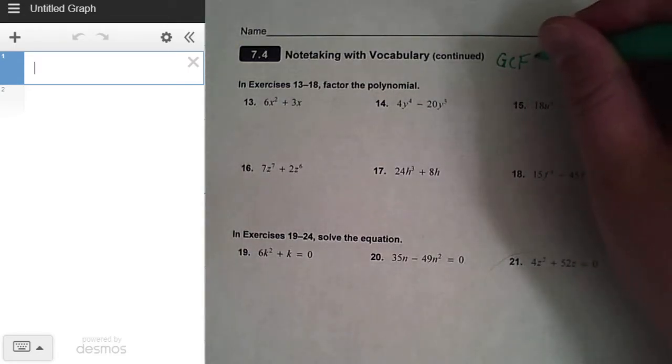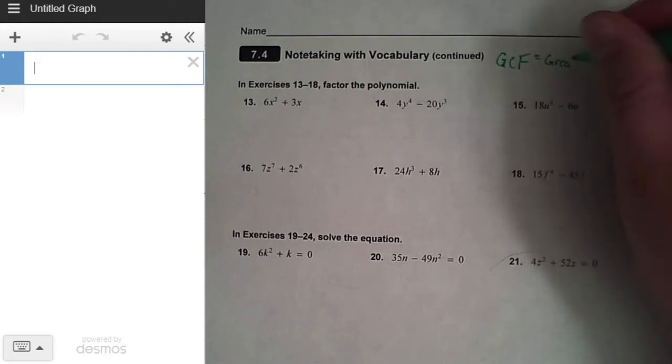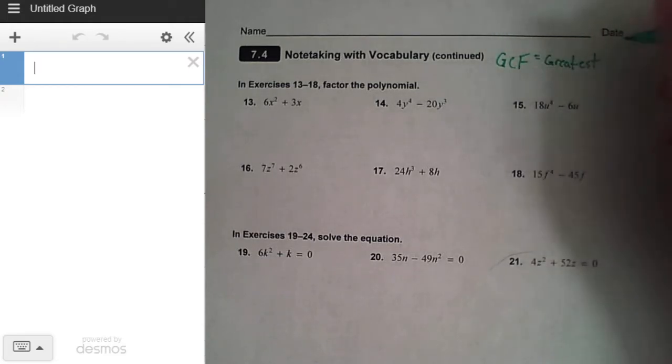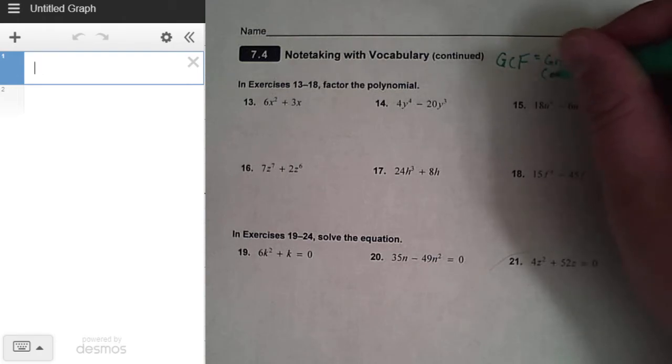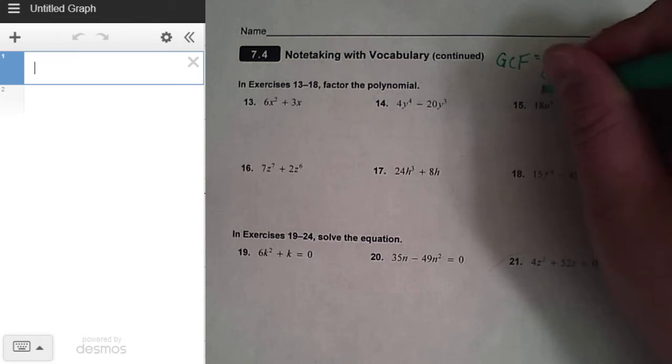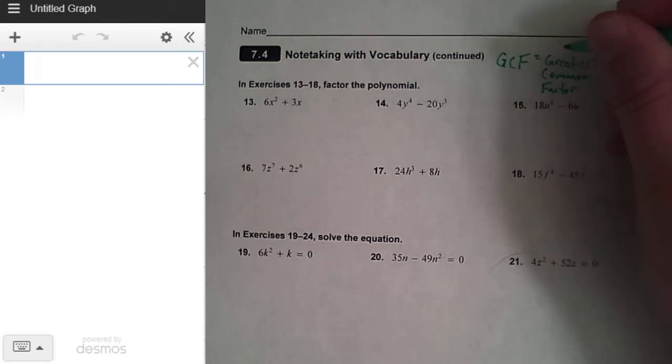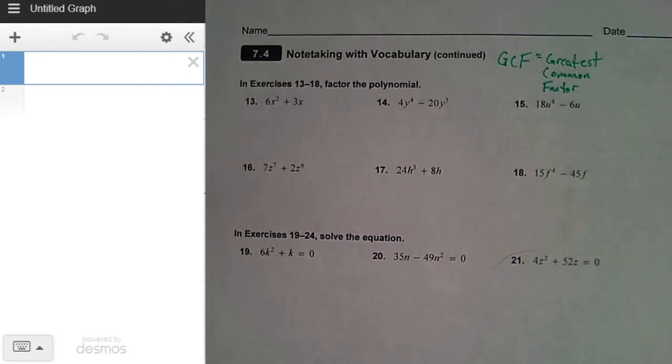So remember, the GCF, the greatest common factor, to factor these.